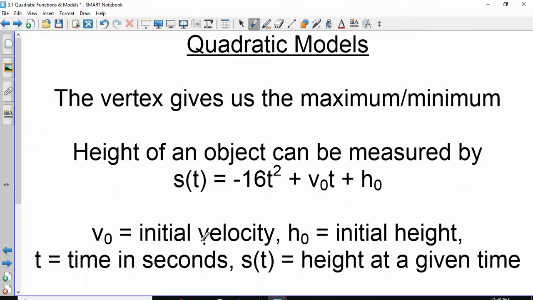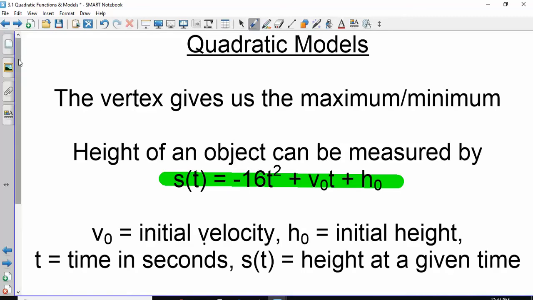What I want to look at next, we're going to see quadratic models pop up occasionally. So the formula where this is used a lot is the vertical motion equation. S of t represents height of an object.